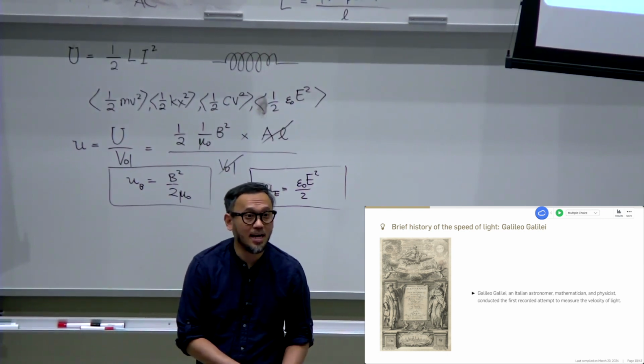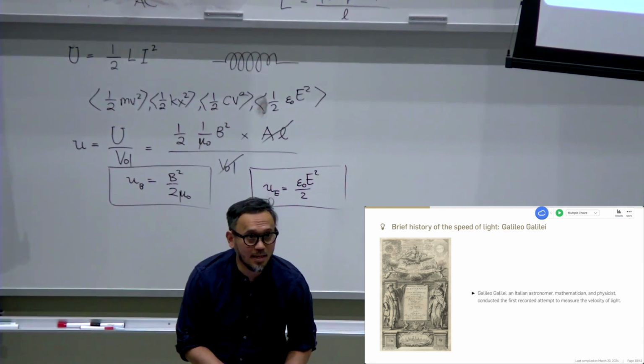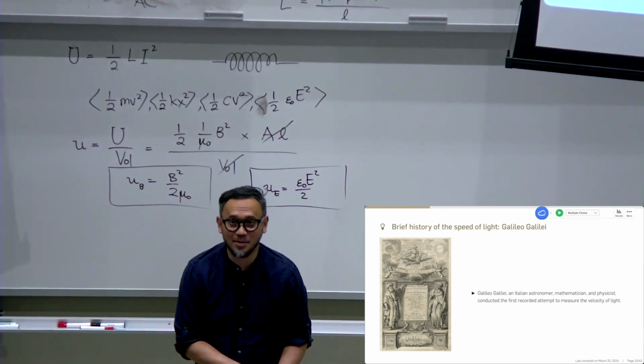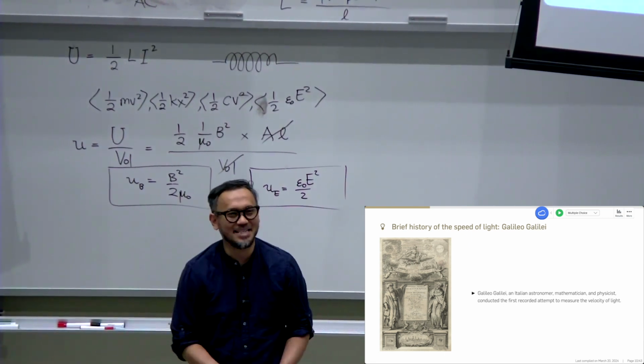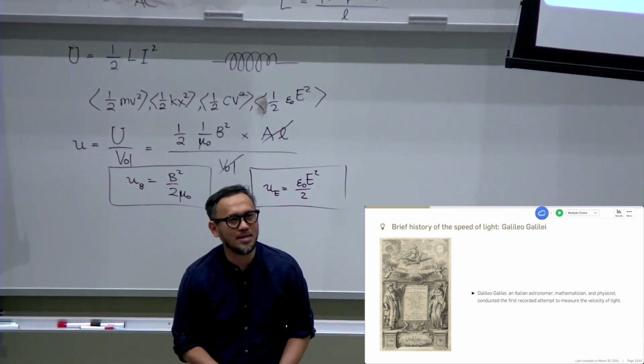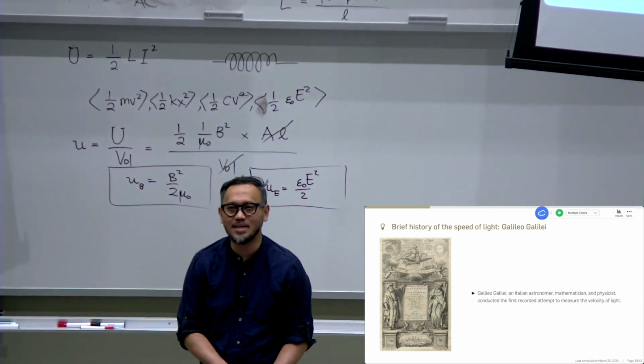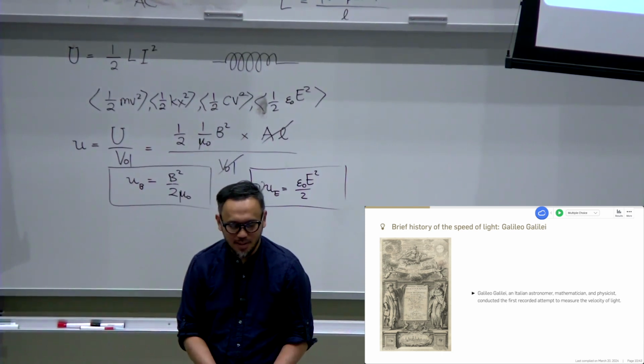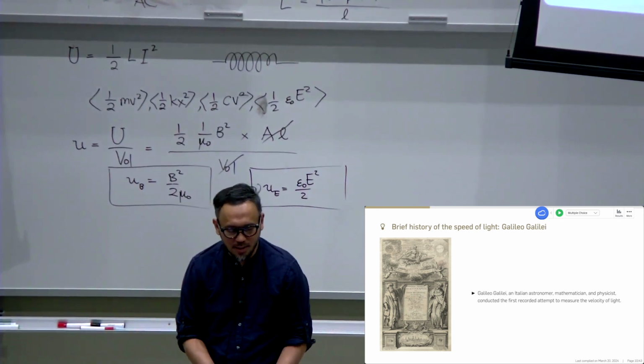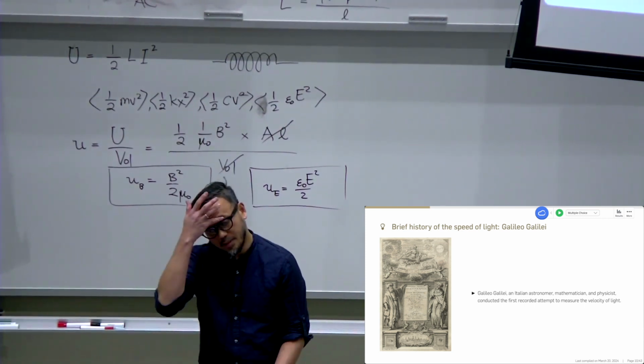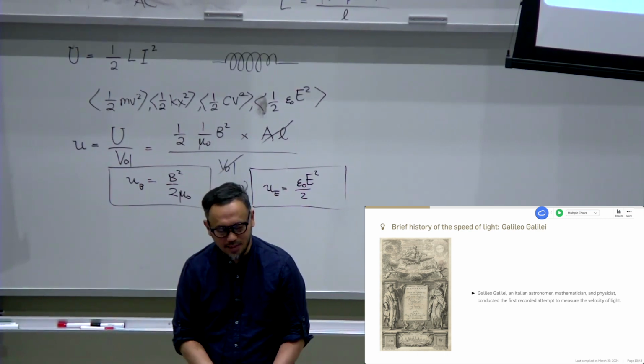Maxwell actually derived it. Romer? Good, you read a lot. The first one who measured the speed of light successfully is Romer, a Danish physicist. But the first failed attempt was done by Galileo.